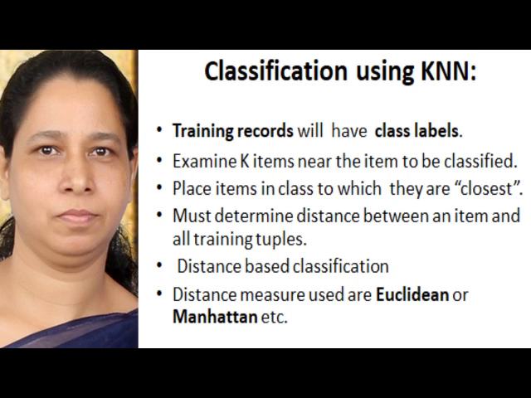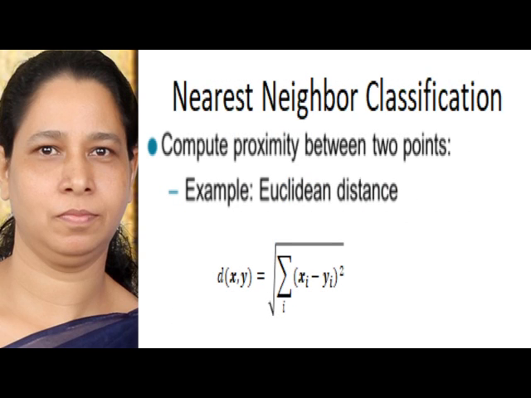In this case, the classifier returns the average value of the real valued labels associated with the k nearest neighbors. In KNN, distance measures are used for defining closeness or similarity. Obviously, if the distance is less, the objects are closer or more similar.